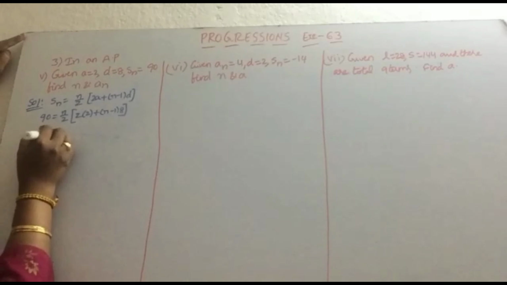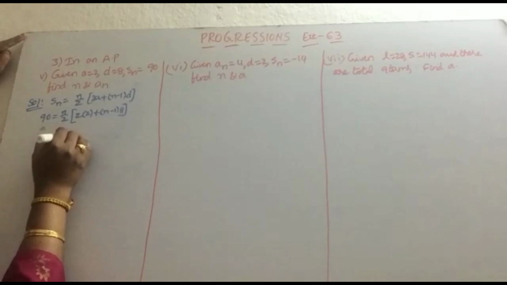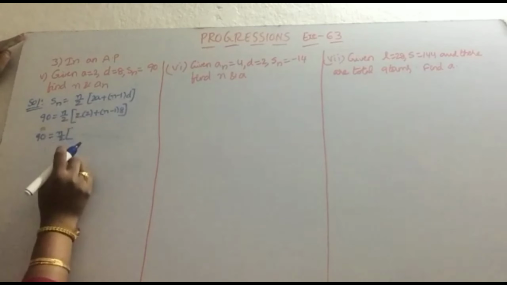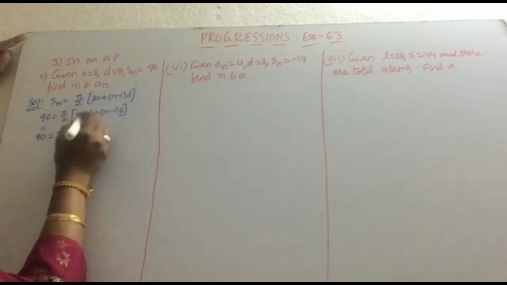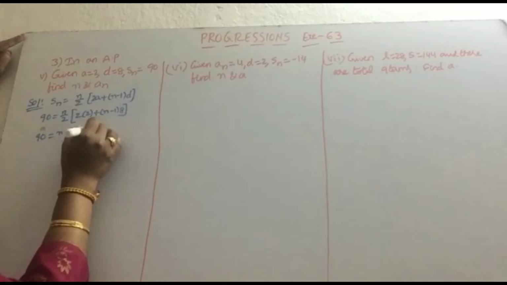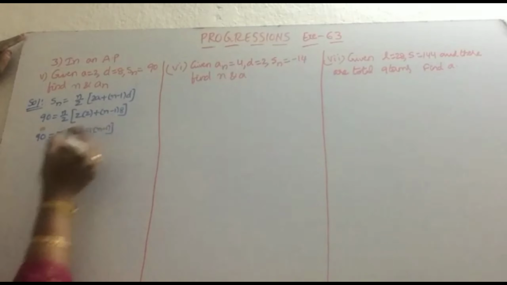So 90 equal to n by 2 into, I will cancel this 2 with this, 2 plus 4 into (n minus 1).